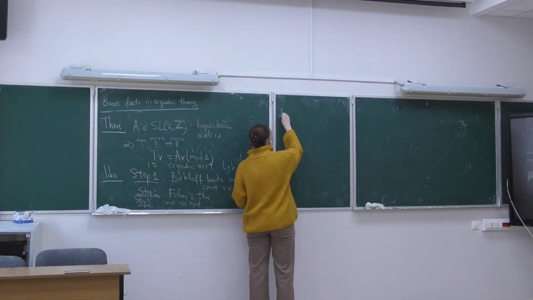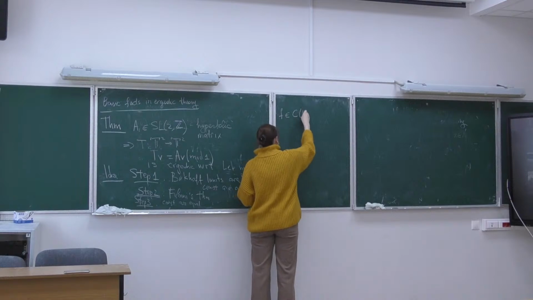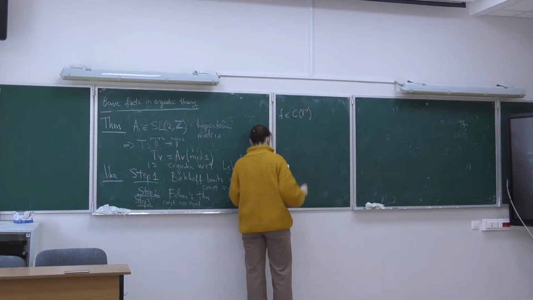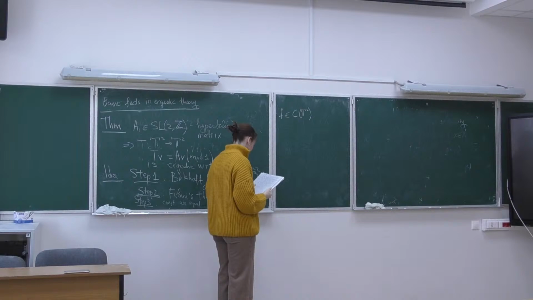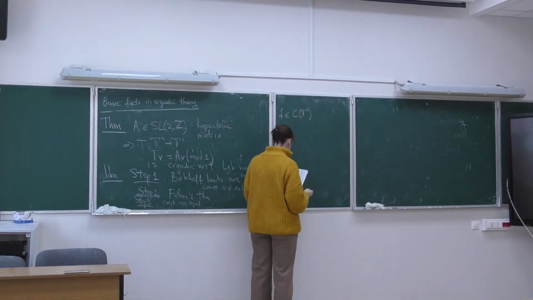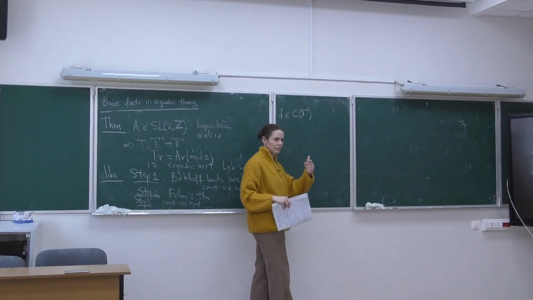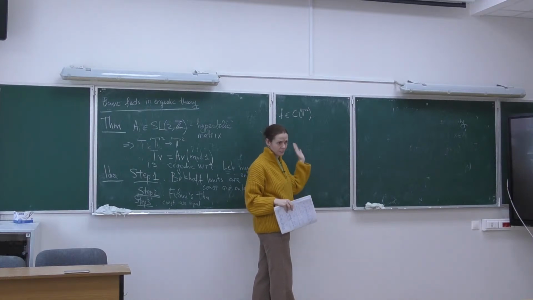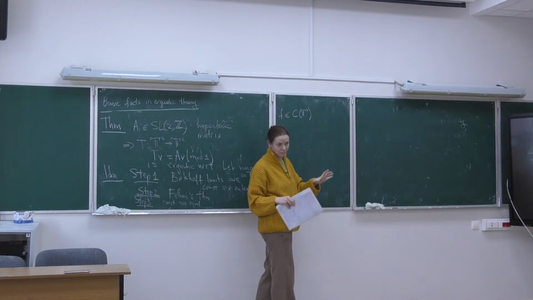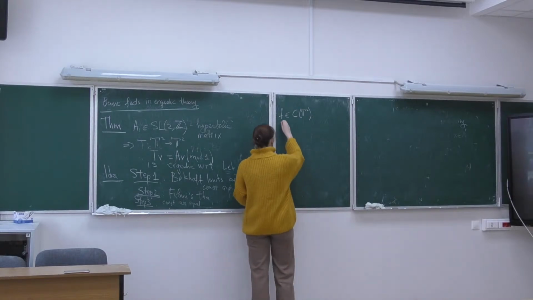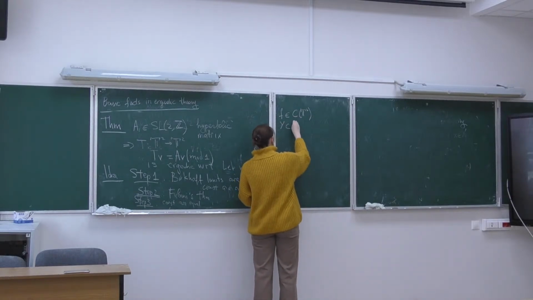We fix some function, assume that it's continuous, and let us consider this set where we have exactly this convergence in the sense of Birkhoff, first part of Birkhoff theorem. So we say that Y is a subset of our torus. It has full Lebesgue measure.